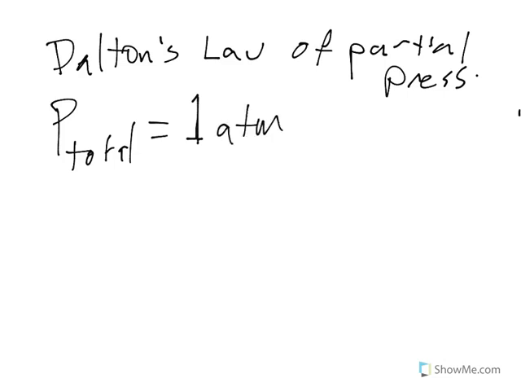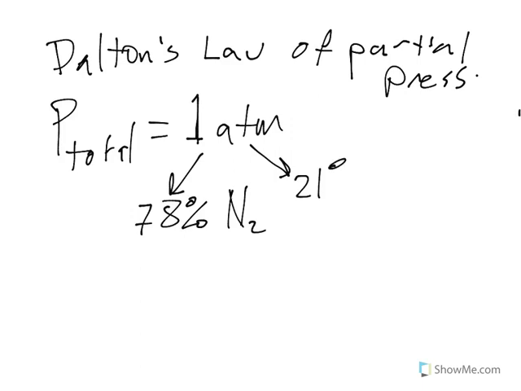Now we know that our 1 atmosphere is made of 78% nitrogen, 21% oxygen, and 1% other. That could be just about anything. It's partly helium, partly ozone, partly sulfur dioxide, whatever stuff's floating around.